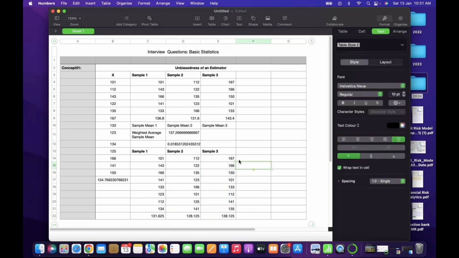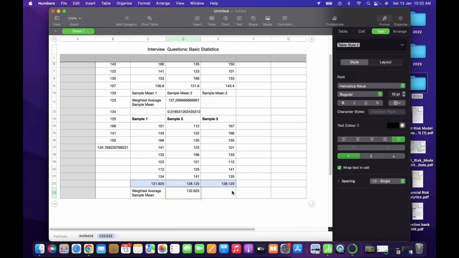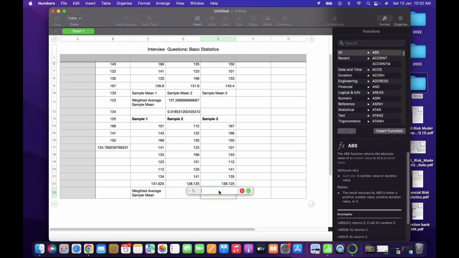Now if I compute the weighted sample mean, now check the fluctuation.